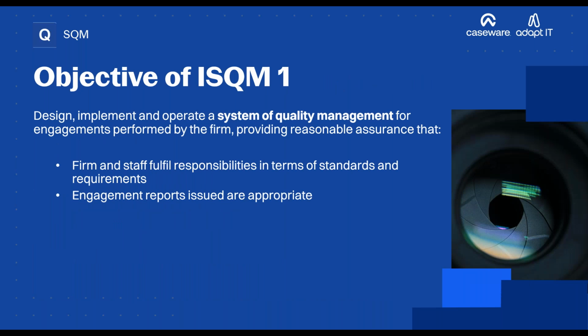Right, then let's have a look at ISQM 1, which I said is the driving force for developing the SQM app. Now, the standard requires a firm to design, implement, and then operate a system of quality management for engagements performed by the firm that will provide the firm with reasonable assurance that both the firm and the staff fulfill their responsibilities in terms of the standards and the relevant requirements.